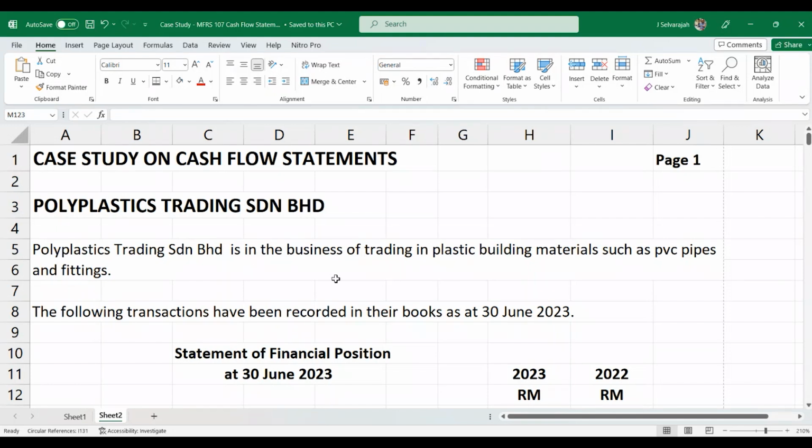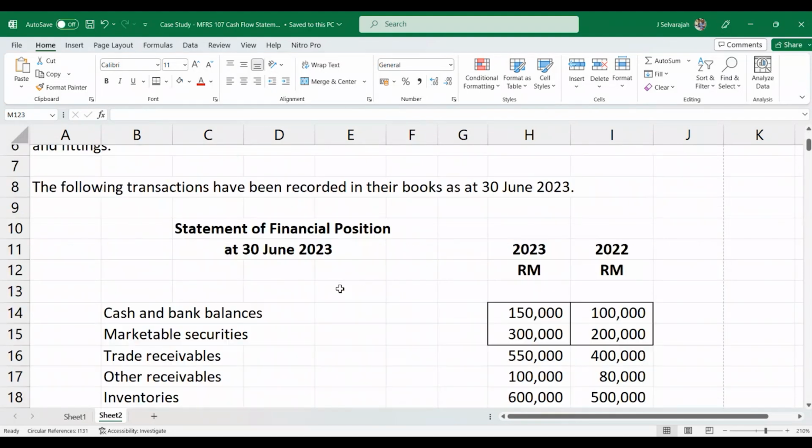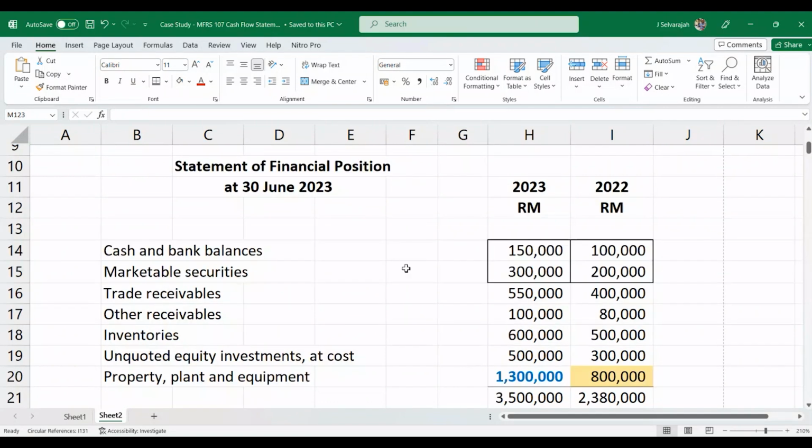This particular company has the following balance sheet. You have cash and bank balances, marketable securities. Now this could actually be cash and cash equivalents. If it is very easy to get rid of without losing anything, with low risk, like government bonds, then these are called equivalent to cash.